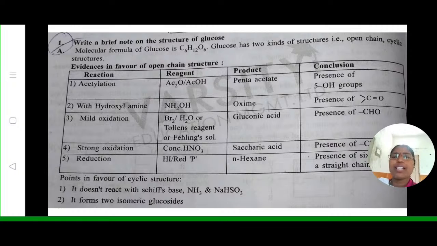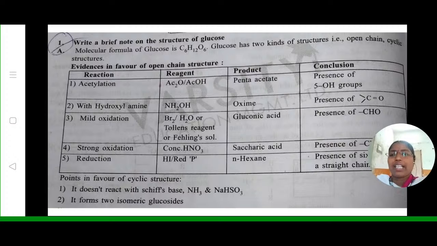The product is the glucose pentaacetate derivative. The conclusion is that 5 OH groups are present in glucose, as shown by acetylation.